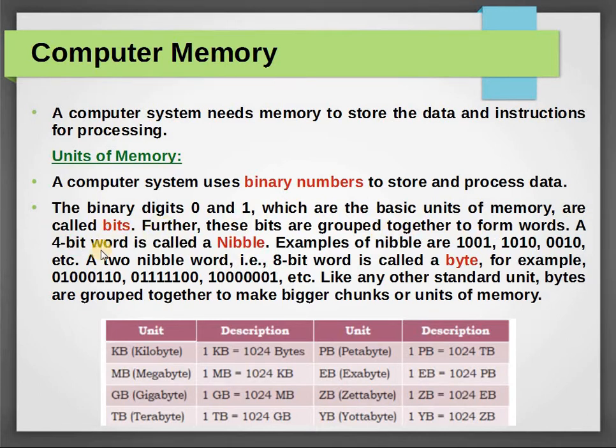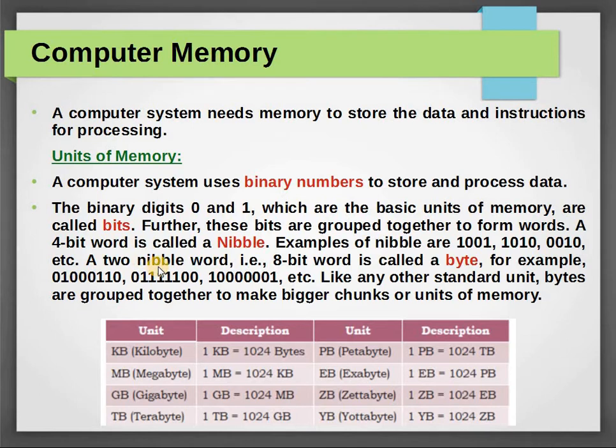A 4-bit word is called a nibble. For example, you can see this 1 and 0, this makes bits, and the 4 bits like 1001, 1010 and many more, this 4-bit word makes a nibble.